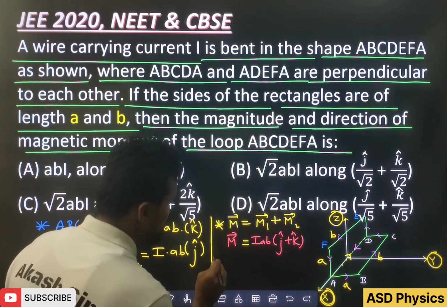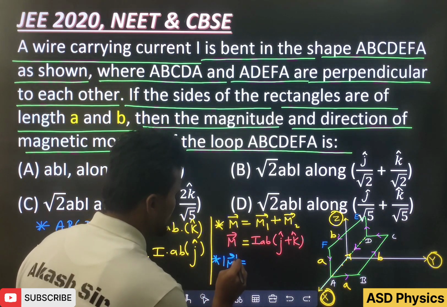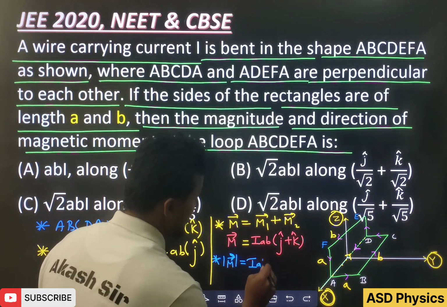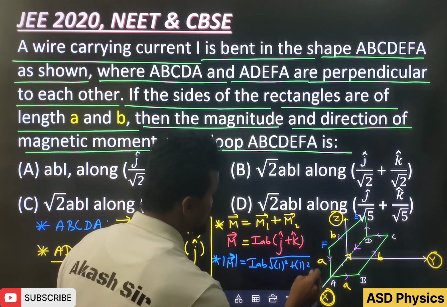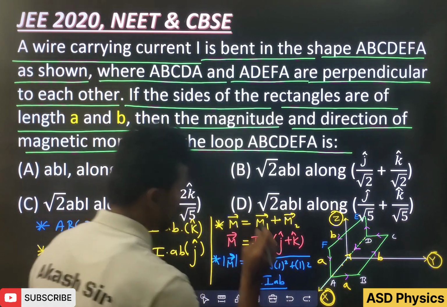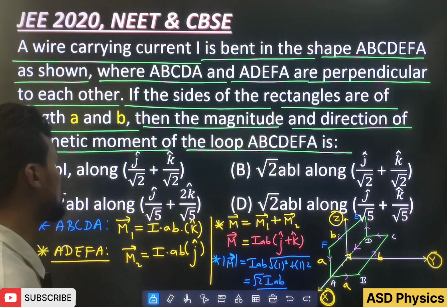The magnitude is given by mod M, that means IAB times the square root of the coefficient of J cap squared plus the coefficient of K cap squared. So this will come as root 2 IAB. What is the magnitude? Root 2 IAB.